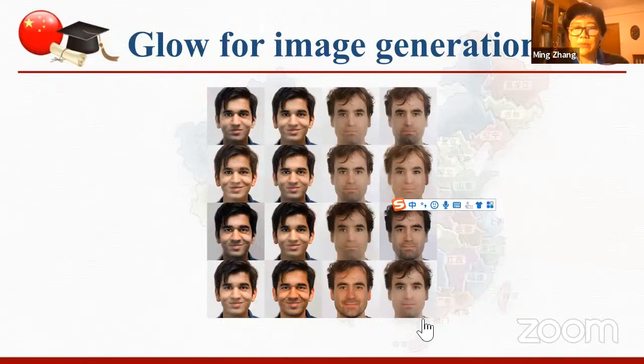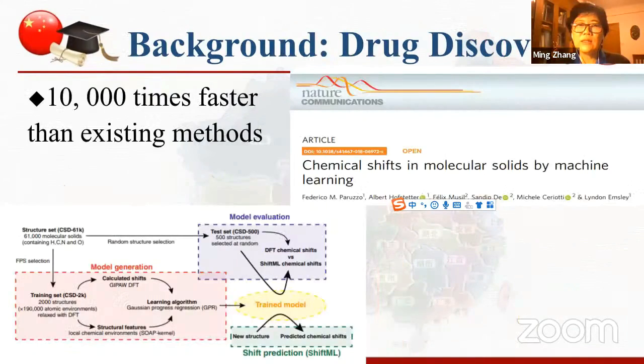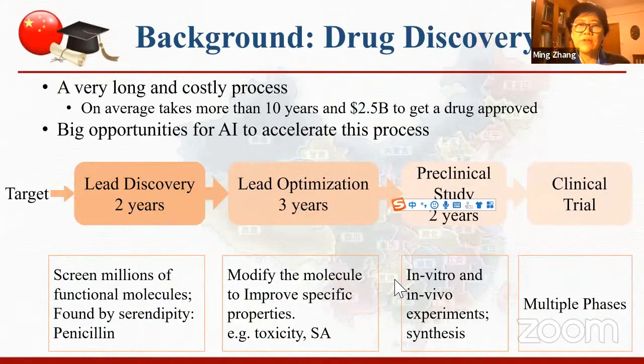Nowadays, we almost cannot tell that this is totally created by computer, but it's really like a true picture, a true human face. So for drug discovery, we can generate some new drugs automatically, and so we can save time and also save money.